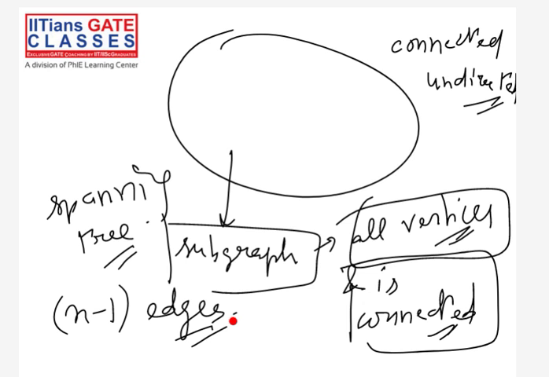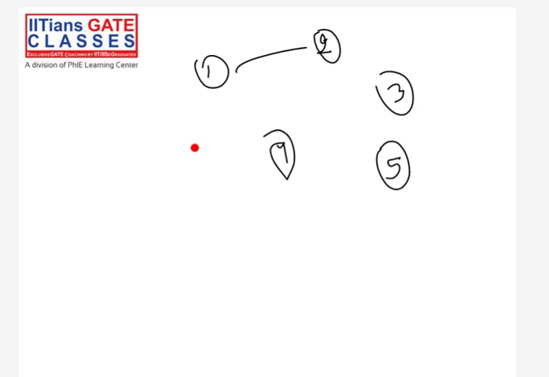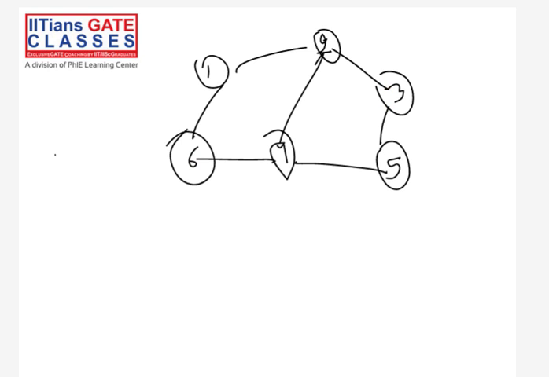Okay, so let me take an example, something like this. So if I have a graph, let's say 3, 4, 5, 6, something like this I have. Okay, so if I want to create a spanning tree out of it, just a minute.